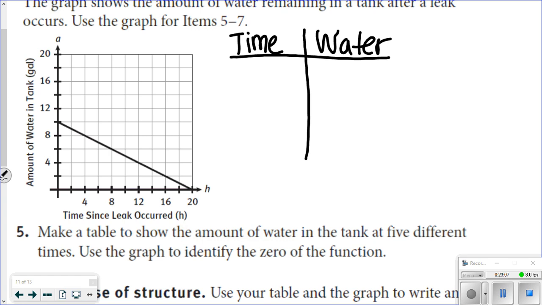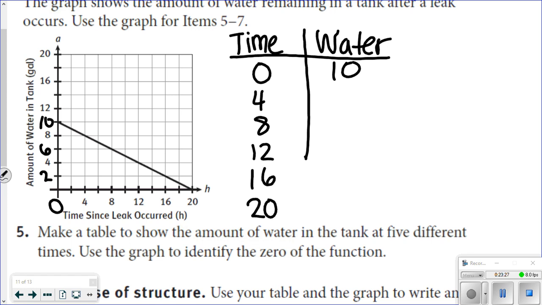So you could do at time 0, how much water? This is 10, so there's 10 gallons of water. And then you could do 4, I see 8, 12, 16, 20. So go ahead and fill in your table. How much water is left?